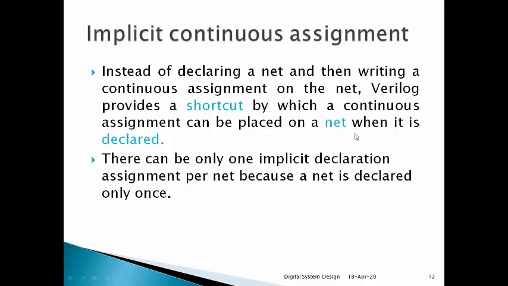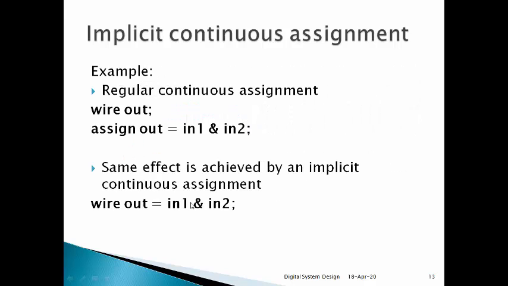Please note that this implicit assignment is used at the time of declaration, and it can also be used only on net data type. There can be only one implicit declaration assignment per net because a net is declared only once.